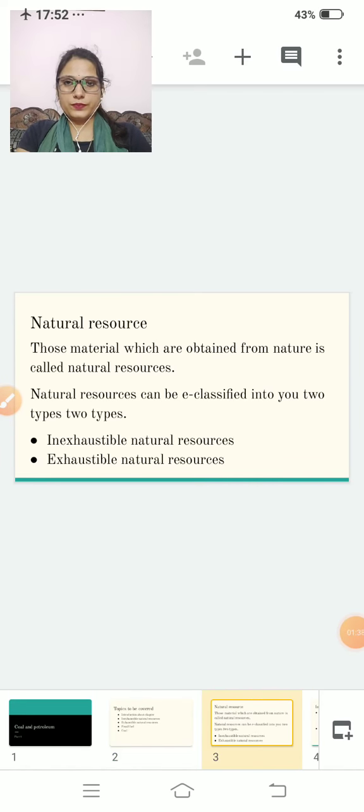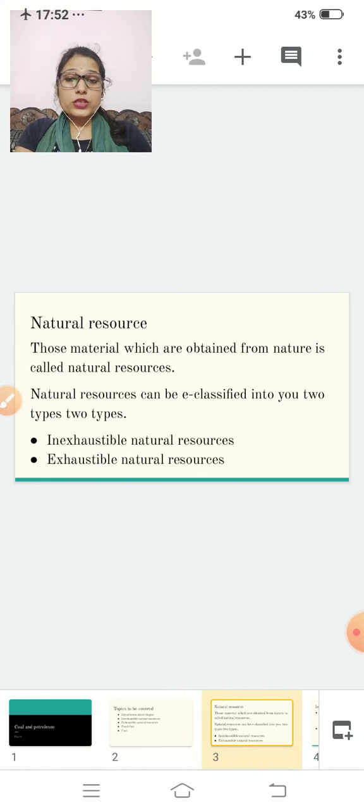Natural resources. See, in our day-to-day life we use different types of material for our basic needs. Some of these materials we obtain from nature, and some are man-made.